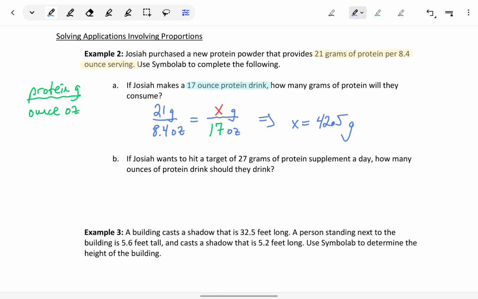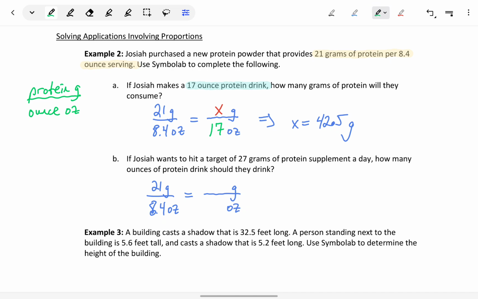If Josiah wants to hit a target of 27 grams of protein, as we're told in part B, how many ounces of protein drink should they drink? We're going to start off with the same starting proportion, which is the 21 grams to 8.4 ounces that we were given originally in the problem. Meaning we're going to set up another proportion in terms of grams and ounces.